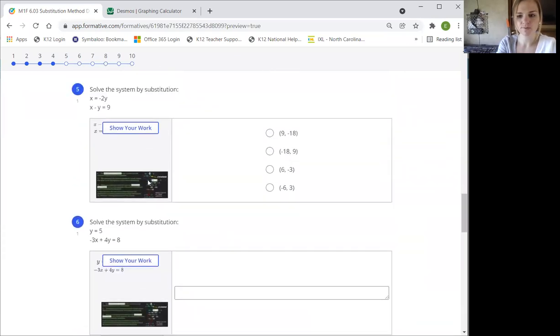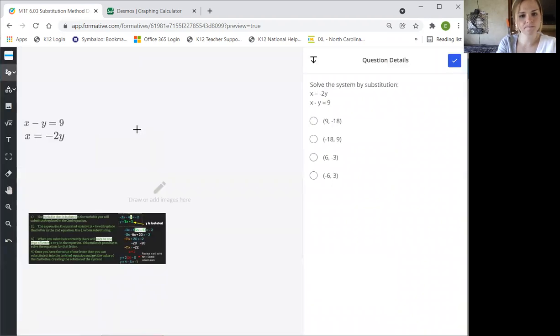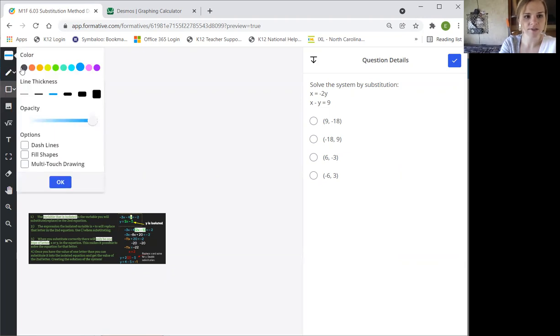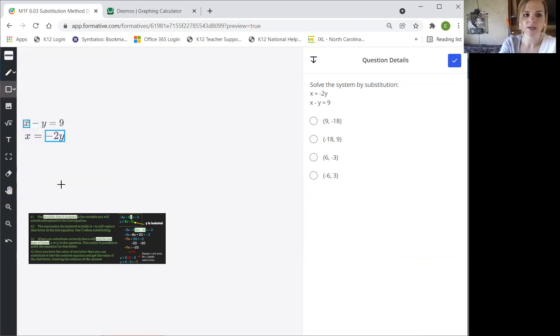We're going to do 2 more together. The next one, we can see here x is already solved. So we know x equals negative 2y. So we're going to replace that x with negative 2y. And if you guys would like to try any of these on your own, just go ahead and pause me and try it on your own first, and then go ahead and press play and check your answer.